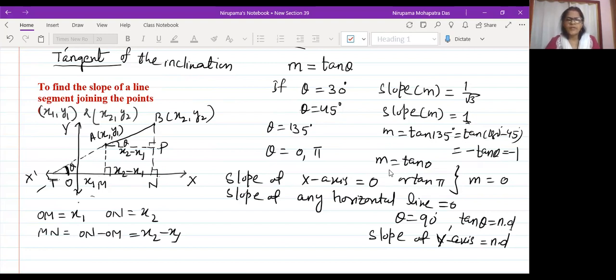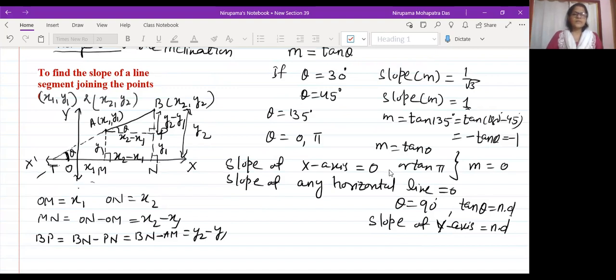Now for the vertical part, AM equal to y1, so PN equal to y1. BN equal to y2. It means BP equal to BN minus PN, which is y2 minus y1.